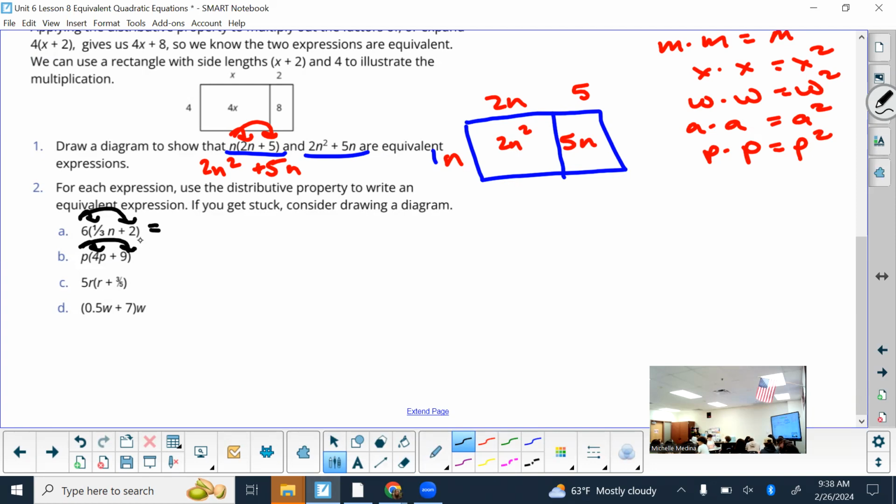So then table 6, what's 6 times 1/3 n? Okay, while you do that, table 7, what's 6 times 2? And that's positive, so I'll put plus 12 for the second term.